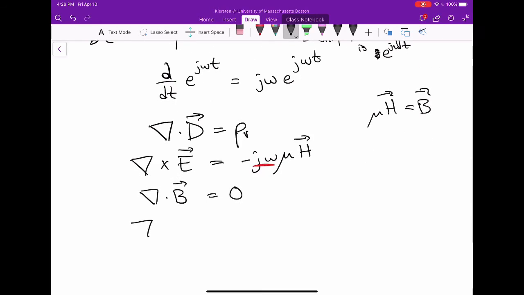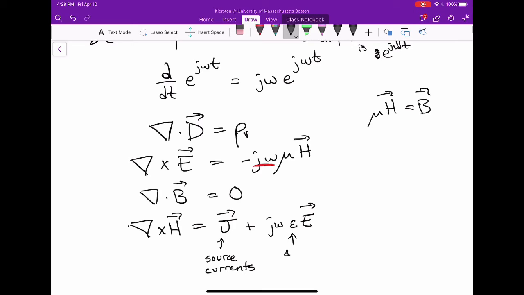We have Ampere's law, now with displacement current. So we've got J, these are source currents, plus j omega epsilon E, that's our displacement current term, plus sigma E, and that's conduction currents in lossy media.